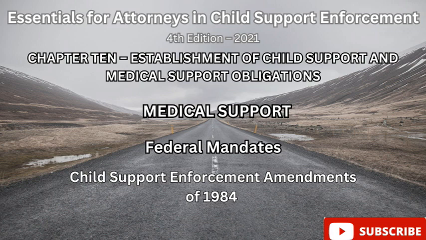A second approach is to presume that the highest amount provided for in the guideline is the correct amount, and allow a tribunal to deviate above that amount based on certain statutory factors.